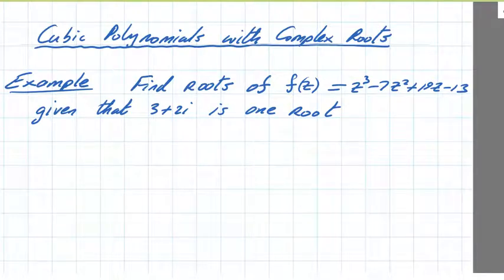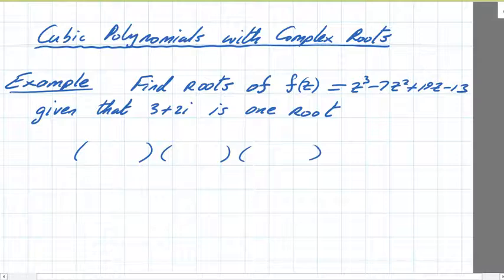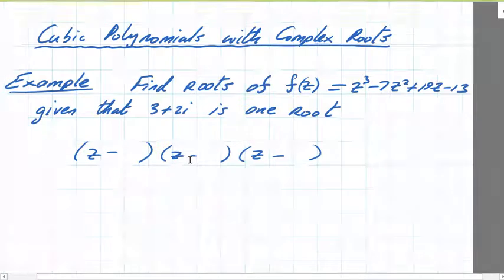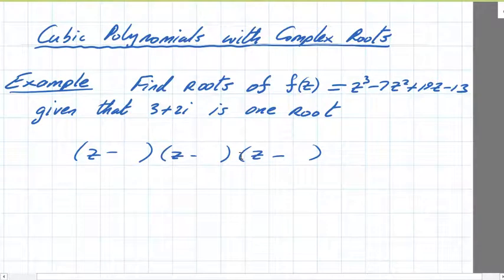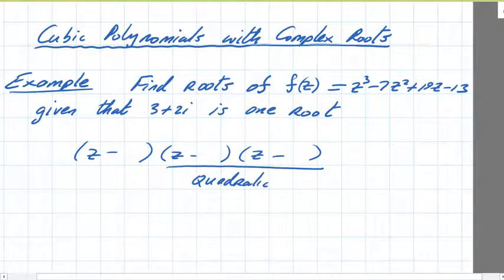So if you like, there's going to be z minus something, by z minus something, by z minus something. Think about your 3 factors. Z by z by z is z cubed, which gives you the z cubed part. And there's obviously some other parts to the factors as well. Now, of course, taking 2 together, those 2 together give you a quadratic.